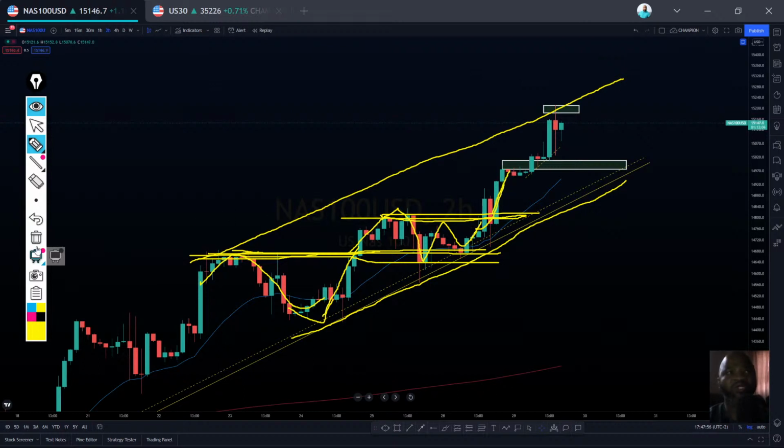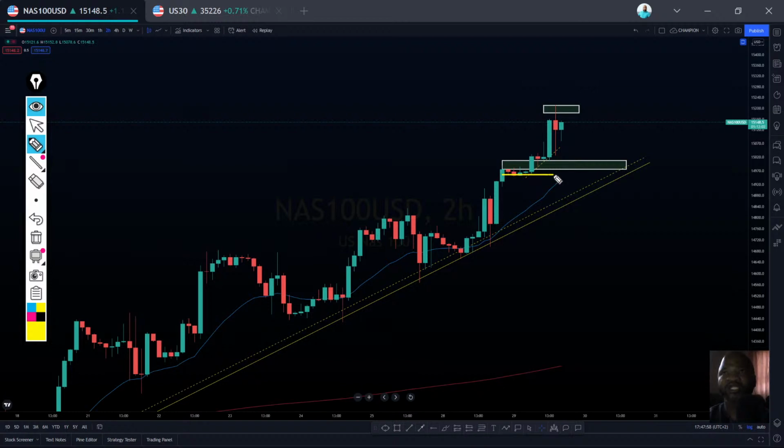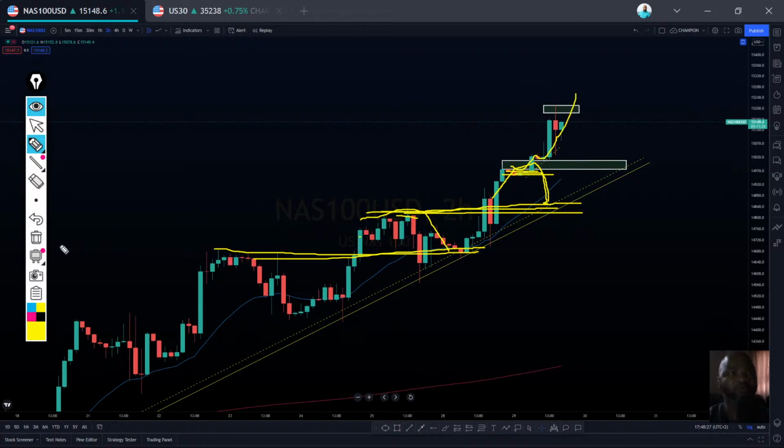So now here we can see that our price didn't make it towards this previous resistance. As you can see, our price has been pushing lately. Our price will come back to the area to create the support, but now our price didn't even make it to our previous resistance to create the support, but went to push towards the upside.